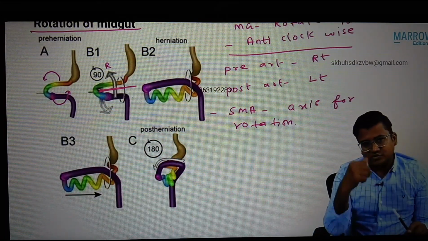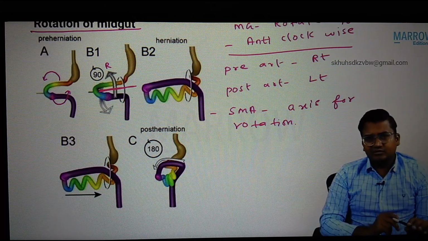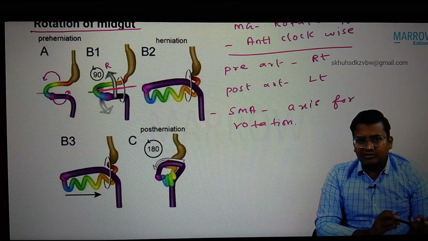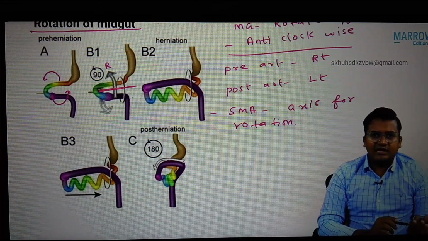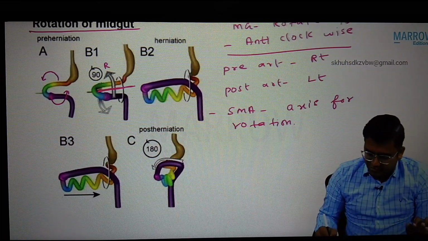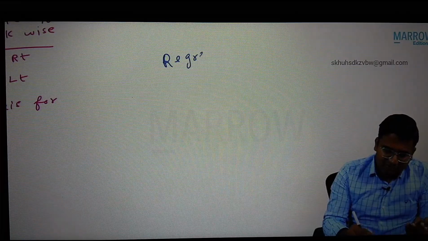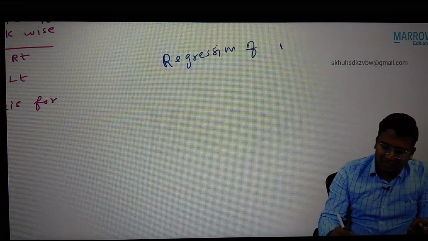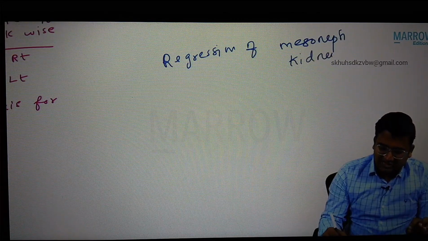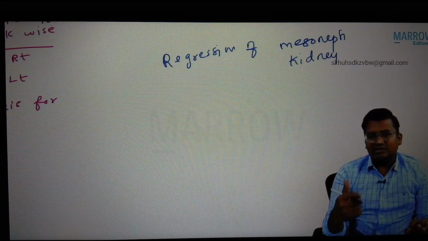Now we have the second and the third rotation. Now these two rotations will occur when this midgut loop enters into the cavity. So just now you told, sir, we don't have enough space for the midgut loop to develop inside the cavity. But now you are saying the midgut loop enters the cavity. Yes. After the 6th week, there will be the regression of the mesonephric kidney. So kidneys are initially derived from pronephros and then mesonephros and then metanephros.